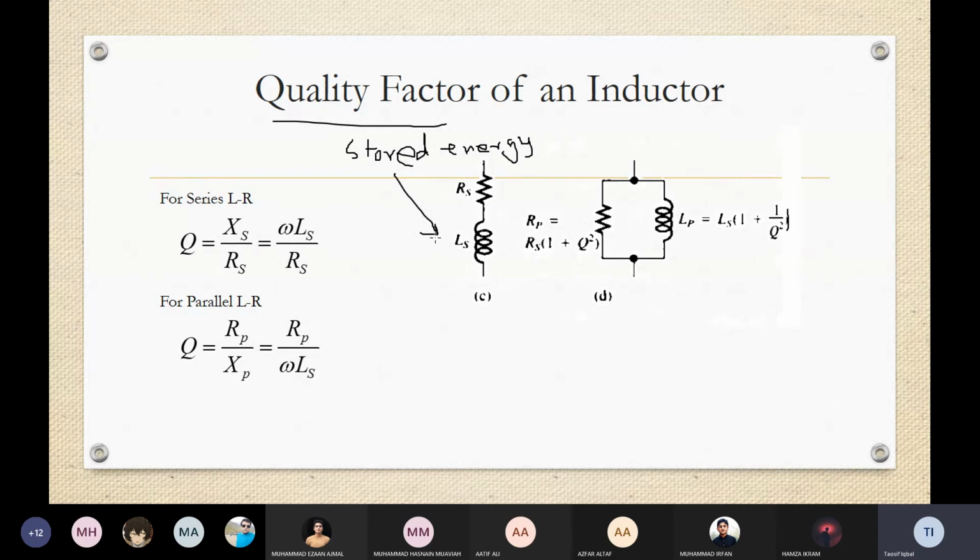Yeah, quality factor as high as possible, that would indicate that it is close to pure inductor. Okay, so high quality factor, high Q means it approaches to pure inductor.